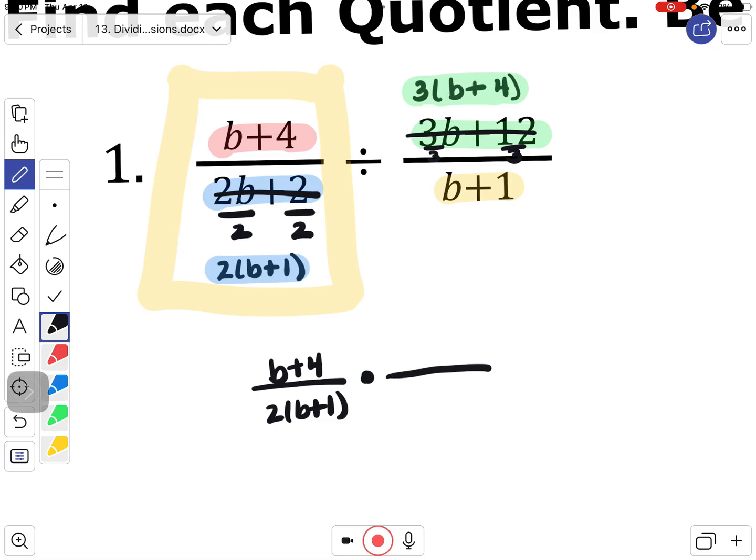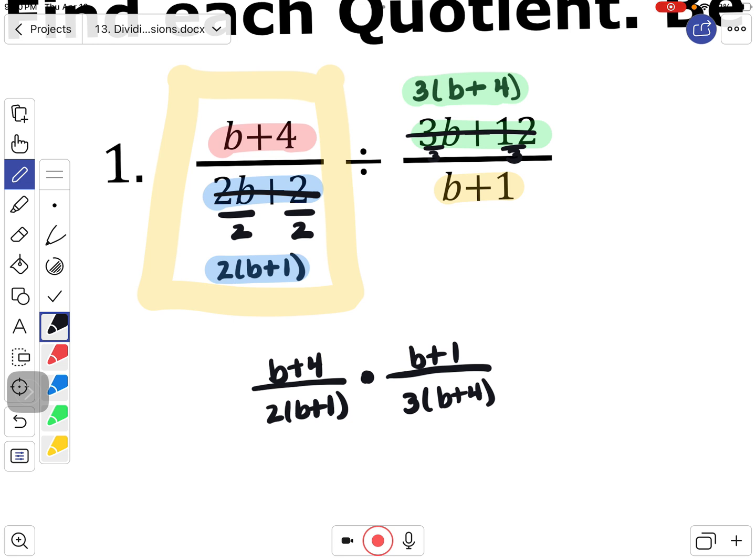So my 3b plus 4 was on the top, now it's going to be on the bottom. And my b plus 1 that was on the bottom before is now going to come to the top. And now you're just going to multiply straight across. What that really just means is, in the very end, we're going to combine it in one line.